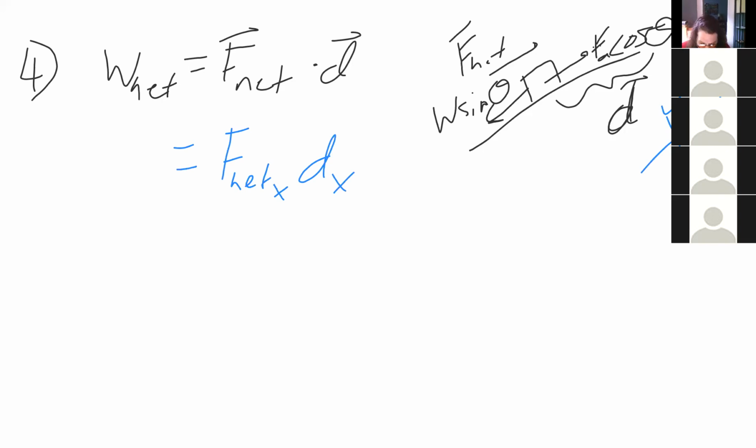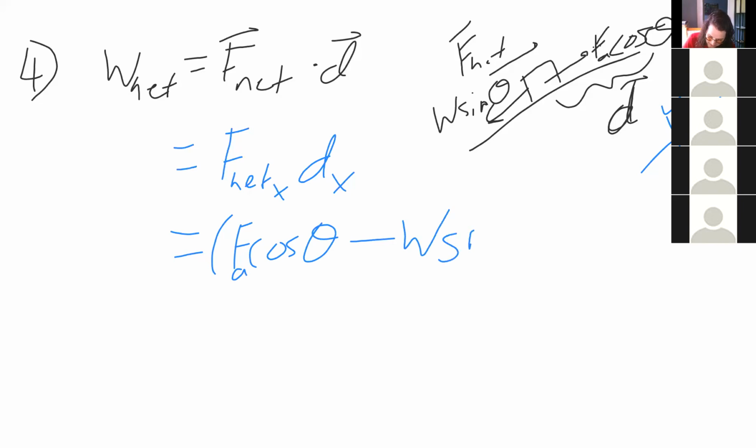And so now we're just going to find the net force in the x direction. We have our Fa cosine theta going up the ramp minus our weight sine of theta going down the ramp. And then we have the x component of the displacement, whatever that happens to be. That will just be given to you in the problem as the displacement along the incline.